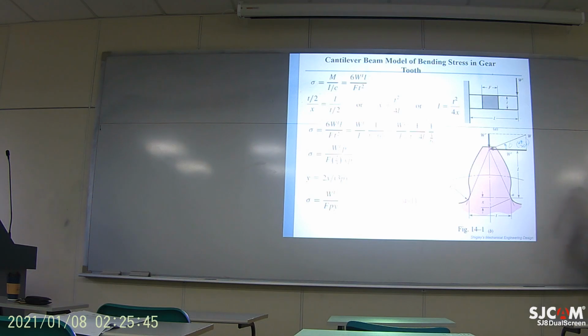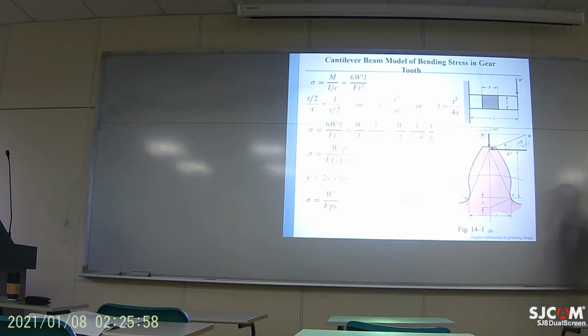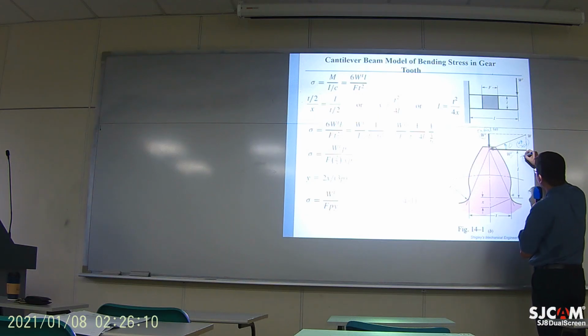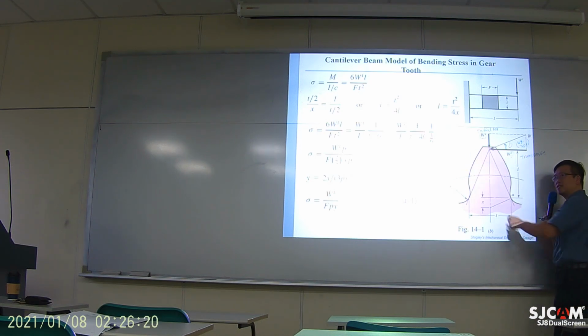And as we mentioned last time, the radial component of the force coming from the other side doesn't bend the cantilever, doesn't bend the tooth. So it won't matter too much. However, for the transverse component of the force, that actually bends the tooth.